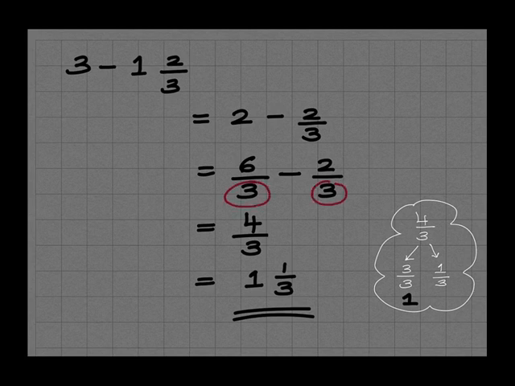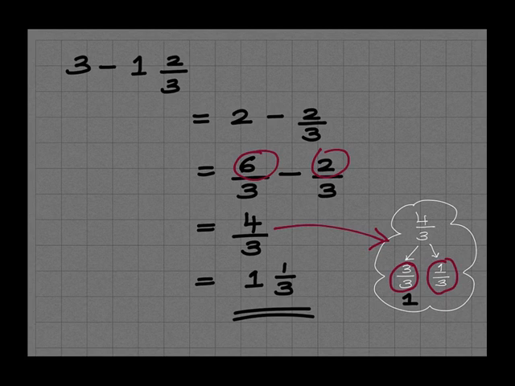Since we have the same denominator 3, write the denominator 3 as such and then subtract the numerator, 6 minus 2, we get 4. 4/3. So now let's take a look at here. 4/3 has one part 3/3 in it and the other part is 1/3 in it. So 3/3 plus 1/3 will make 4/3. The value of 3/3 is 1.